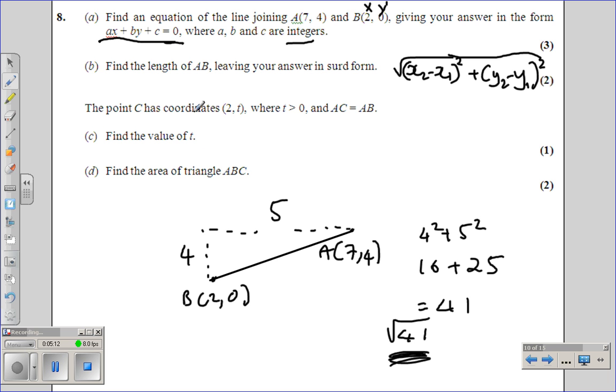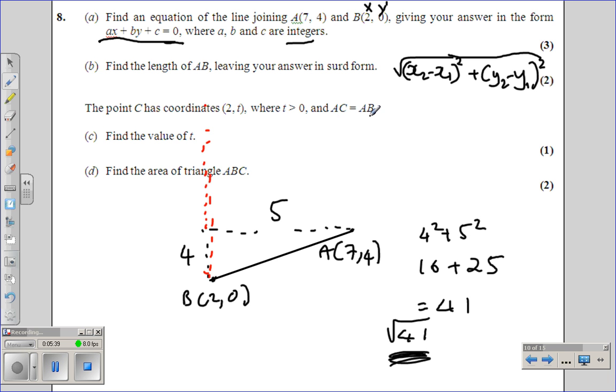Now there's a few different ways of doing this. Some are much longer than the others. Because it's only one mark, it must be pretty straightforward. So look closely at your diagram. It says the point C has coordinates (2, t). Well, because this is (2, 0), the point C must be on this line somewhere, because this is (2, 0) and that is (2, t).